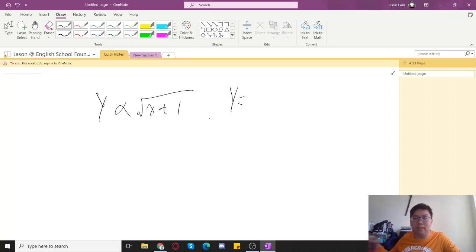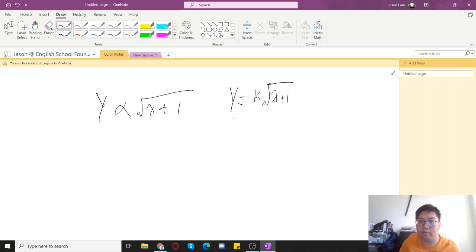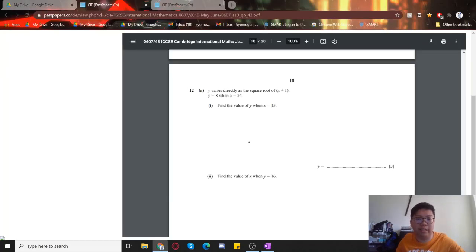And the second part is very simple. Varies means we don't know exactly the equation, but we can simplify it to say y equals k, some constant, times root x plus 1. So that's that. Great. We did it. And the rest of it is pretty simple, I would say. The first part, of course, you have to work out k. Let's just directly substitute the number.